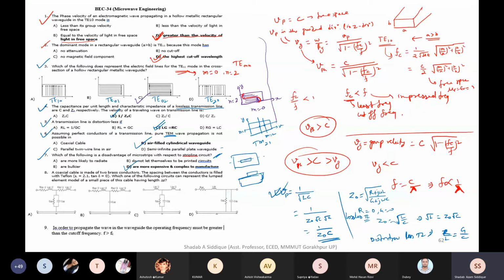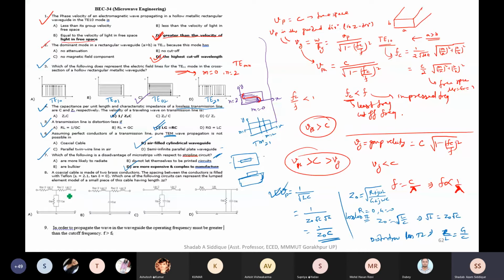In a small elemental model, we will have only one resistance and one inductance. If we want to cut it from this side, we cannot take it for another element. So for one element, we have one resistance, one inductance, one capacitance, one conductance, not these four.